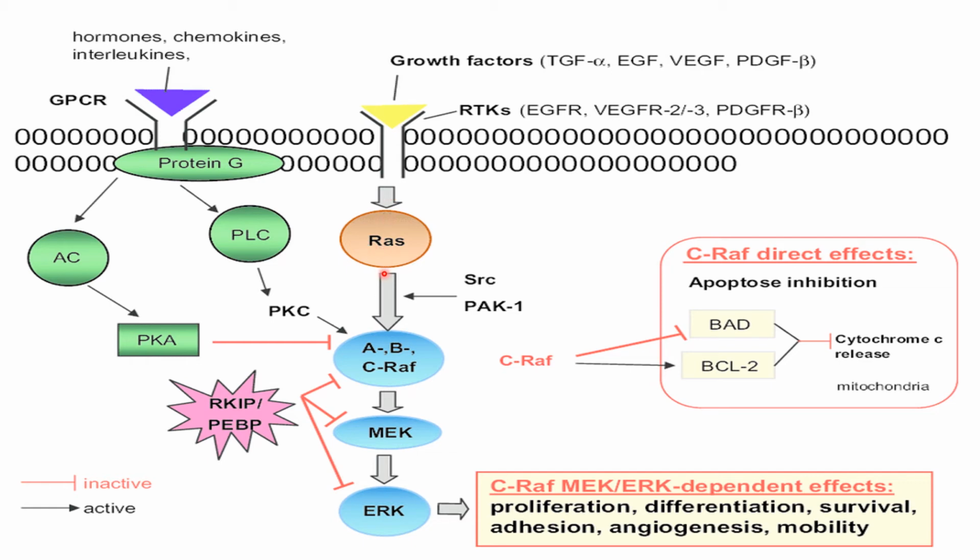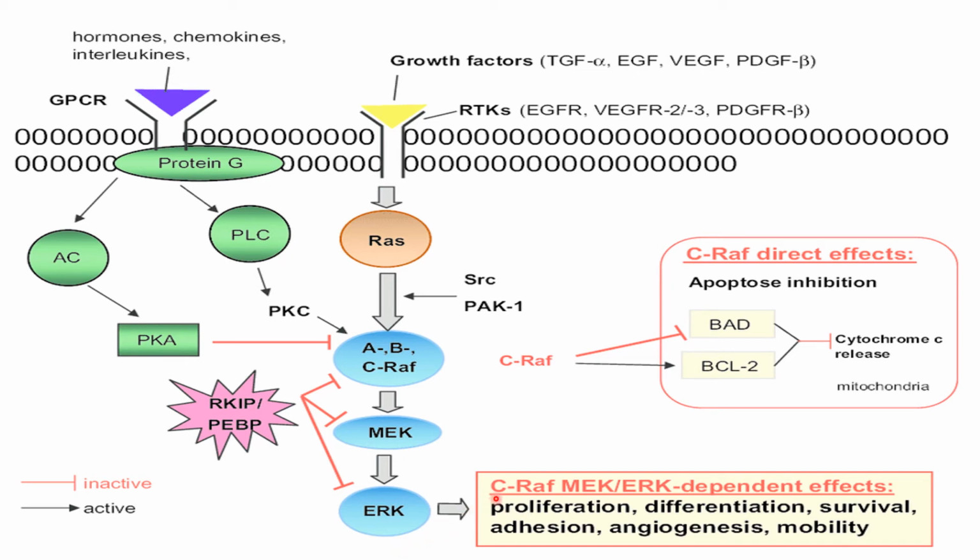It activates the RAS protein after phosphorylation, and the RAS protein activates the RAF protein, which activates MEK, and MEK again phosphorylates or activates ERK. So all of them form a cascade.